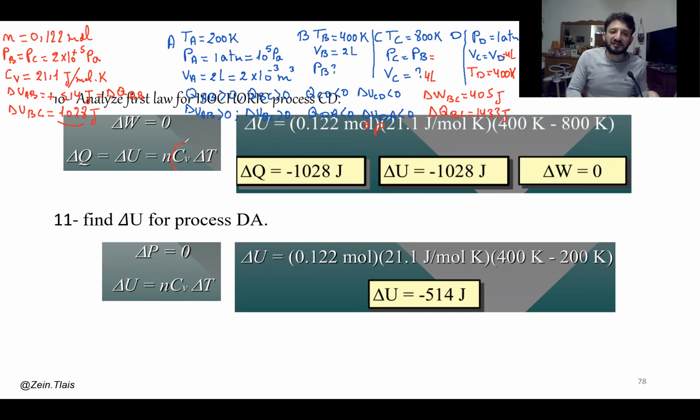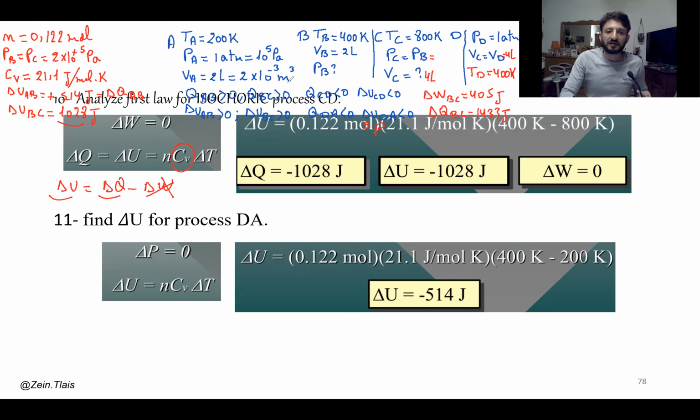As we have the value of CV, you can apply it directly to calculate delta Q. You know, delta U equals delta Q minus omega. As we have omega equals 0, delta U must be equal to delta Q equals NCV delta T. We have NCV and delta T equals T final TD minus TC.